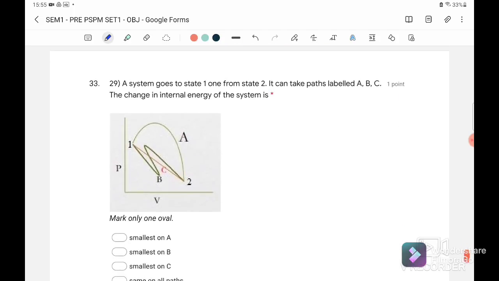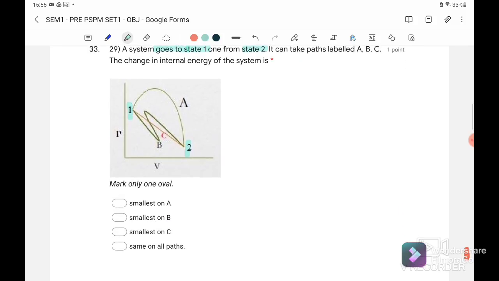Okay, last two questions. The system goes from state 1 to state 2, meaning from 1 to 2, it can take paths A, B, C, D. The change in the internal energy of the system is, as long as it goes from 1 to 2, it doesn't matter whether you go straight or pass through A or through C. The change in internal energy is the same on all paths.